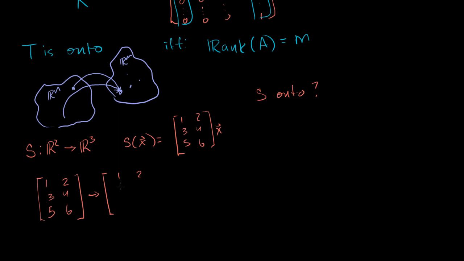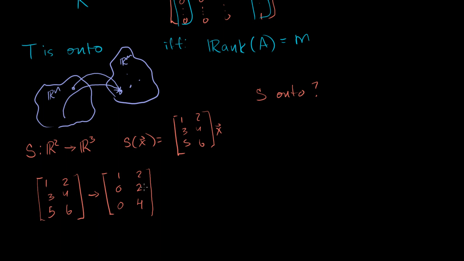So 3 times 1 minus 3 is 0. 3 times 2 minus 4, that's 6 minus 4 is 2. Now let's replace the third row with 5 times the first row minus the third row. So 5 times 1 minus 5 is 0. 5 times 2 is 10, minus 6 is 4.